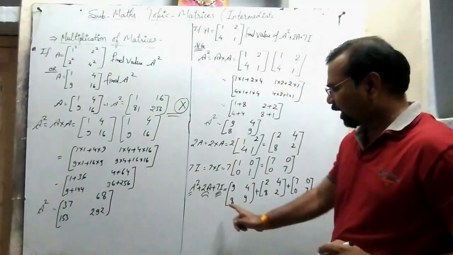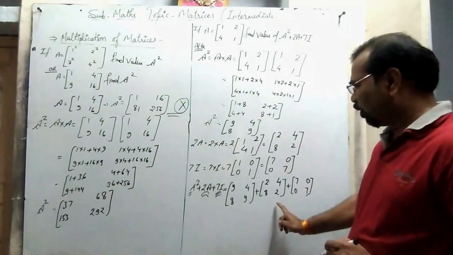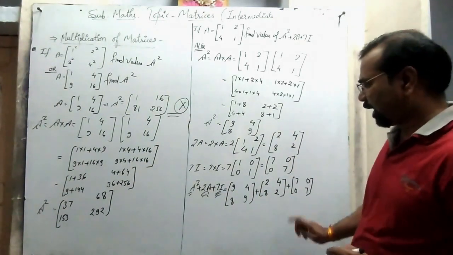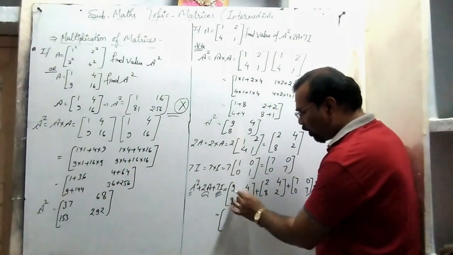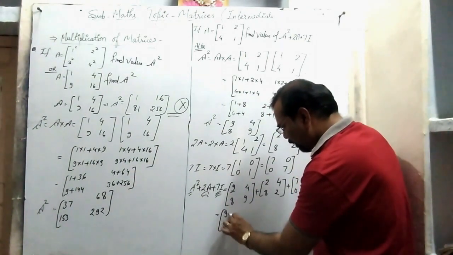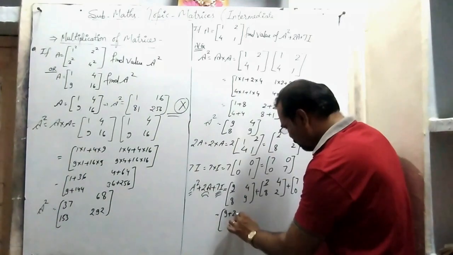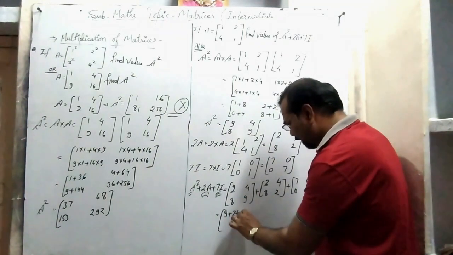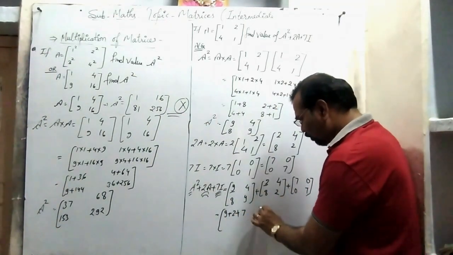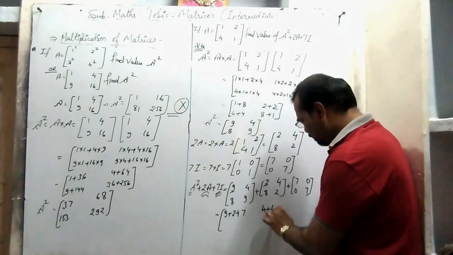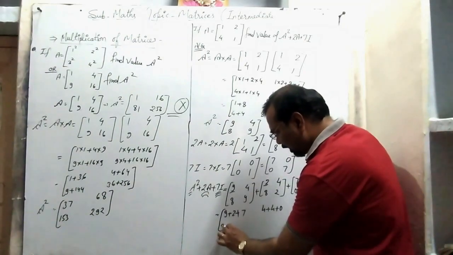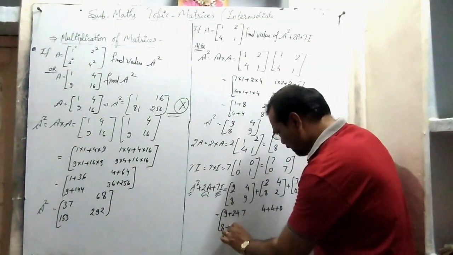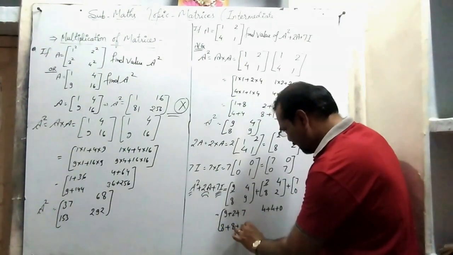Okay, first write the A square value, then write the values of 2A and 7I. That is the addition of matrices. So what can we do? First 9 plus 2 plus 7. Then 4 plus 4 plus 0. Then the third one is 8 plus 8 plus 0.